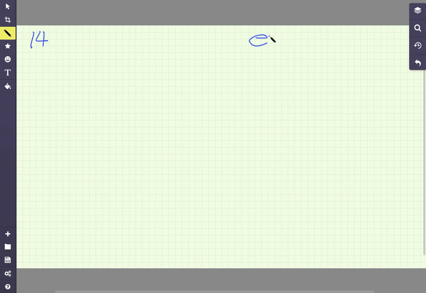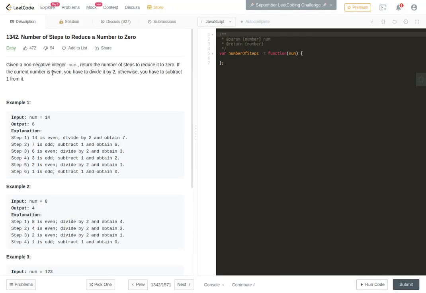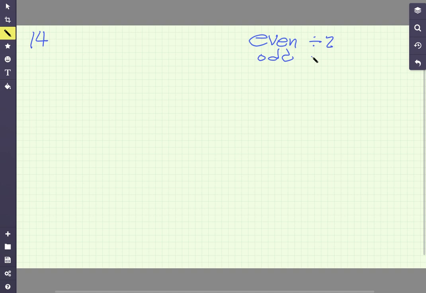So even, we're going to do divide by 2. And if it's odd, I think it said we subtract 1. So if it's odd, we're going to do minus 1.